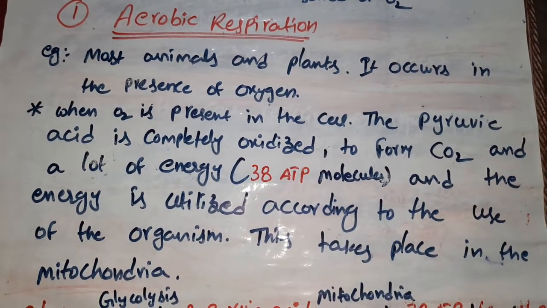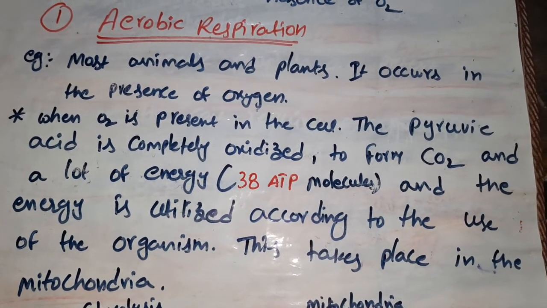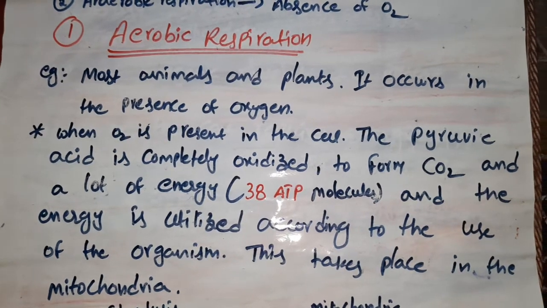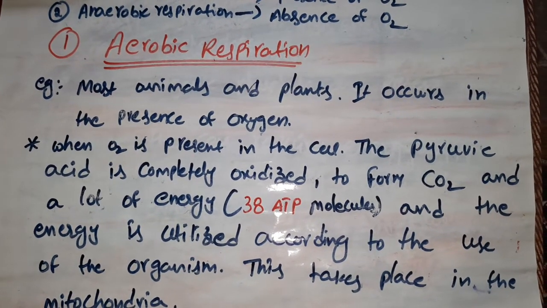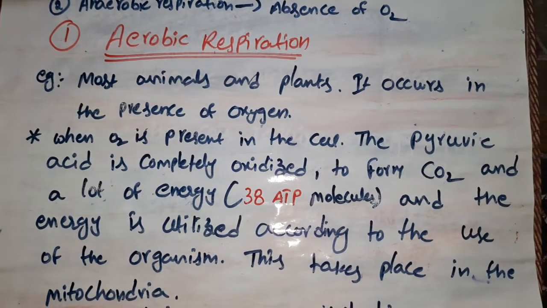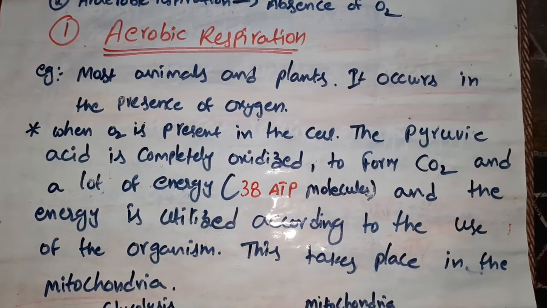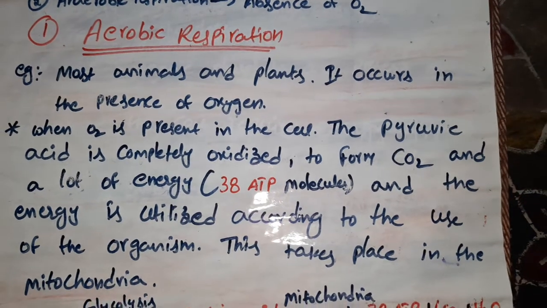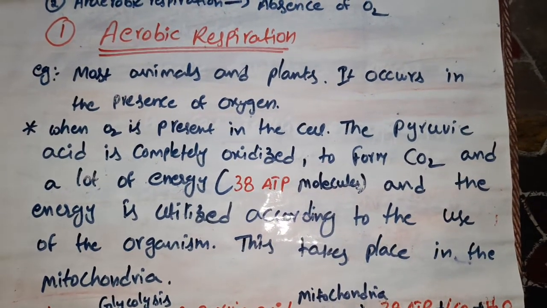When oxygen is present in the cell, the pyruvic acid is completely oxidized to form carbon dioxide and a lot of energy.